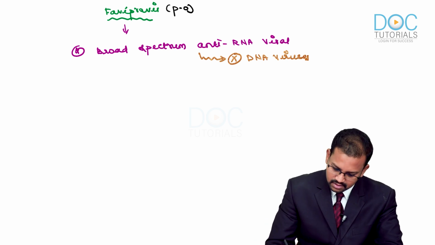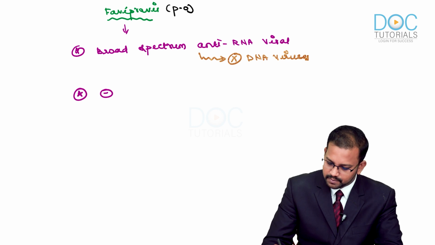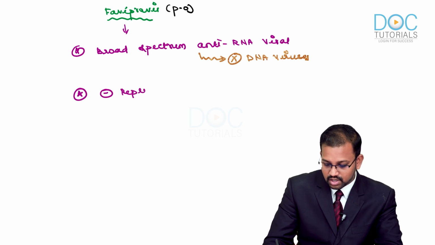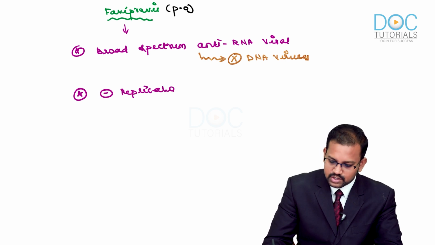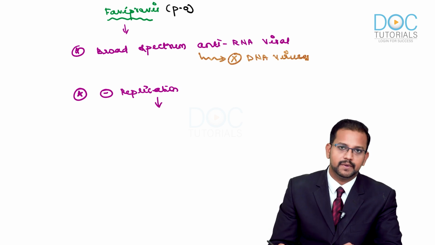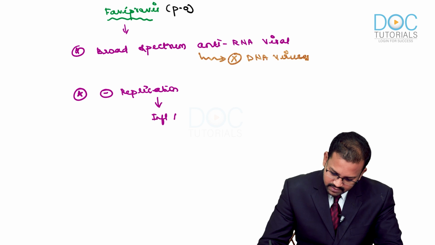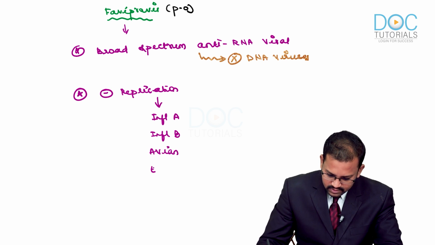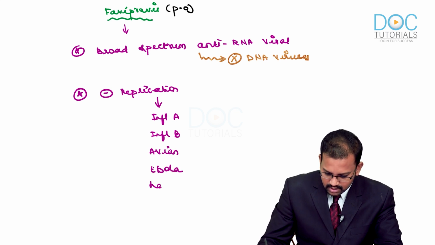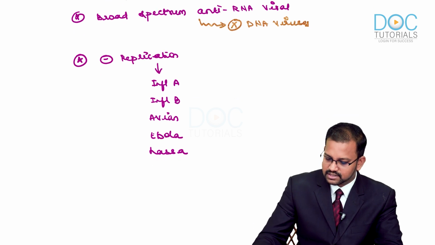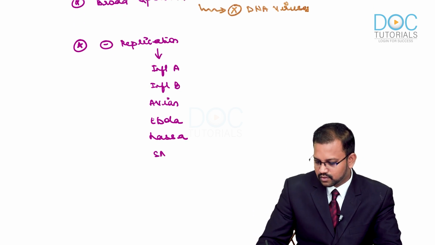First classical feature. The next one, it tends to block the replication of what other viruses? Favipiravir is going to be effective for what other viruses? Influenza. The common influenza A, influenza B, avian influenza, Ebola, Lassa virus, and also Covid19 or SARS-CoV-2.